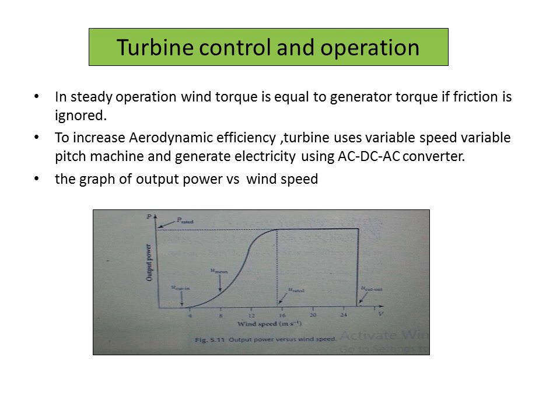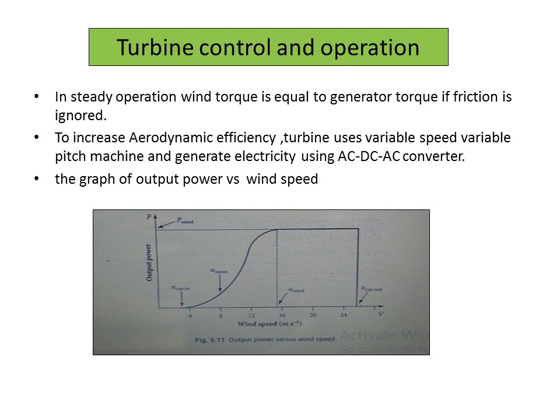When we ignore friction, both torques are equal in steady operation. In order to increase aerodynamic efficiency, they use a variable speed, variable pitch machine and generate electricity using an AC, DC, AC converter.